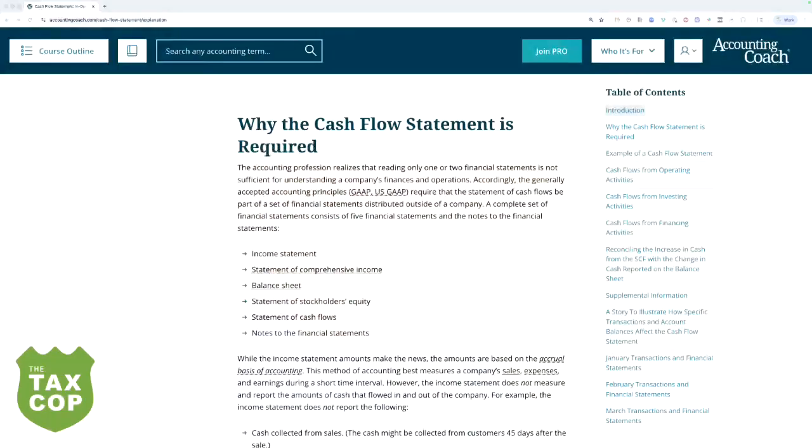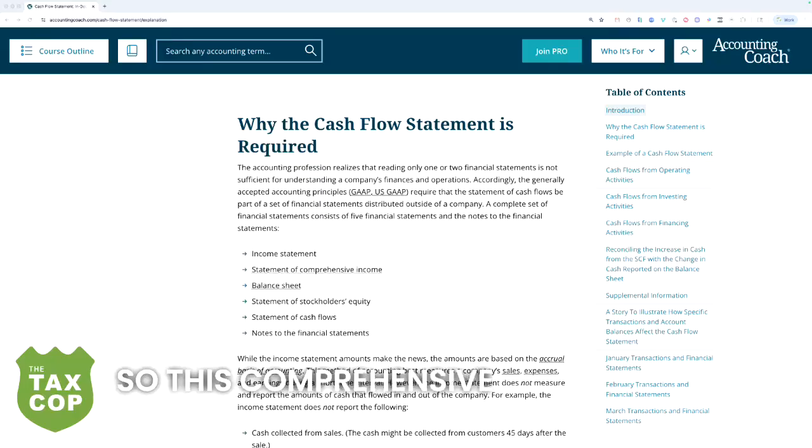Cool. Now, I'm just going to talk about something else before we go for the week. Why is the cash flow statement required? Well, I already told you. When you got a complete set of financial statements, what do those consist of? An income statement, a statement of comprehensive income, a balance sheet, a statement of stockholders' equity, a statement of cash flows, and notes to the financial statements.